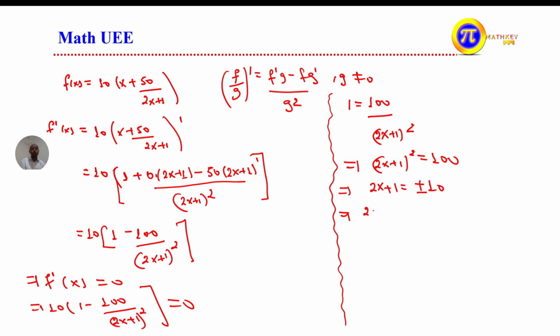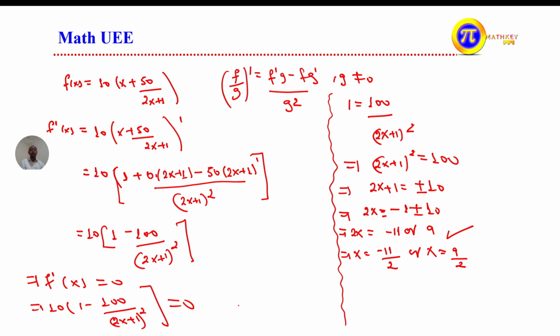This implies 2x is equal to negative 1 plus or minus 10, so 2x is equal to negative 11 or 9. Then x is equal to negative 11 over 2 or 9 over 2. Since it is speed, we take the positive value, so x must be 9 over 2.